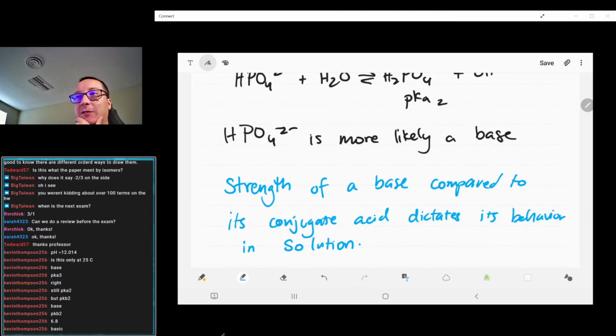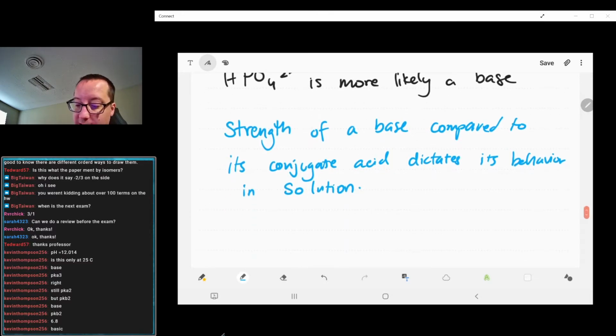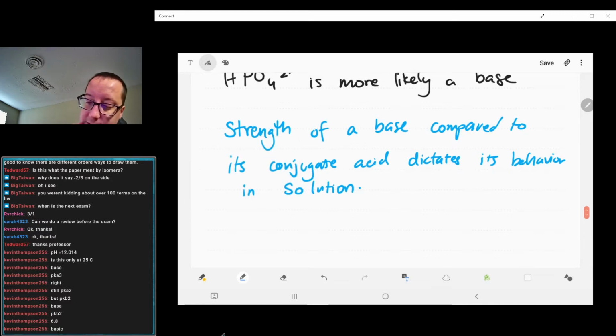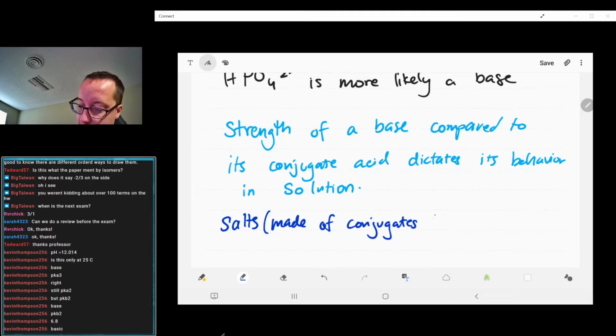And so we have a couple of things we can point out with this. We're going to see that salts, which are made of conjugates and spectator ions, can be various things.